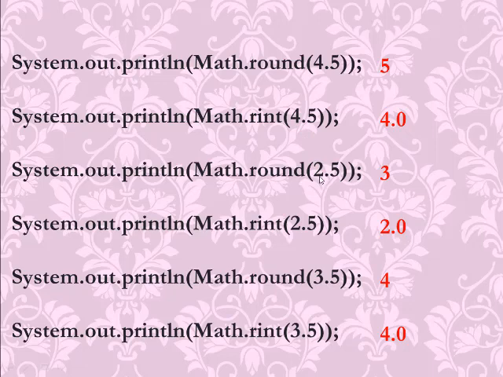Similarly, if you write 2.5 with round, again the digit after the decimal is 5, so it will increment the value before the decimal and you will get 3 here. But Math.rint(2.5) will return 2.0, again because 2 is an even integer. Next, Math.round(3.5) will return 4, and rint(3.5) will return 4.0.